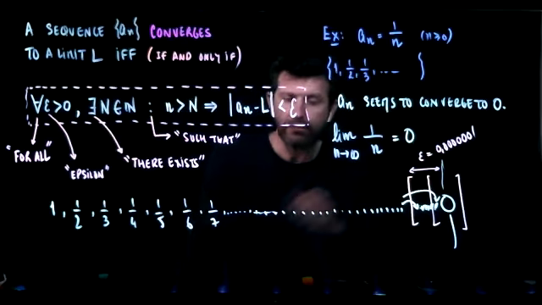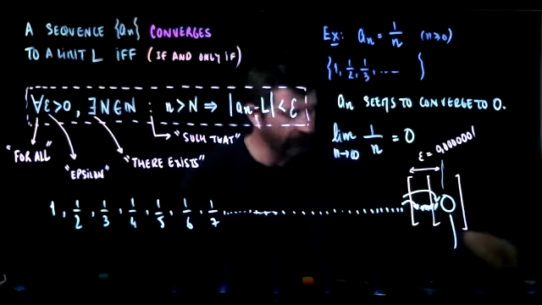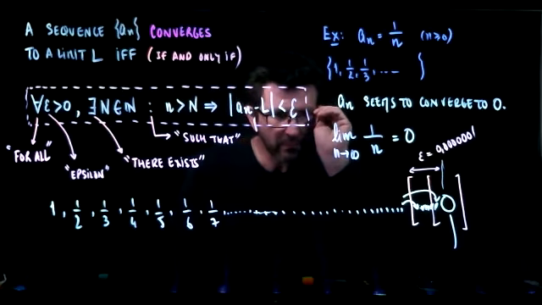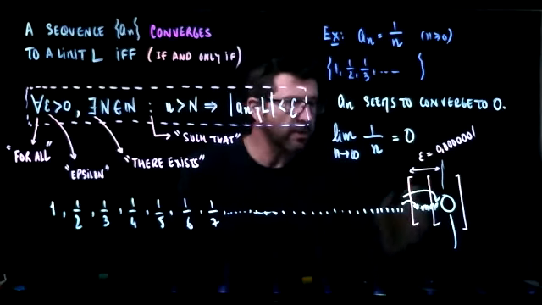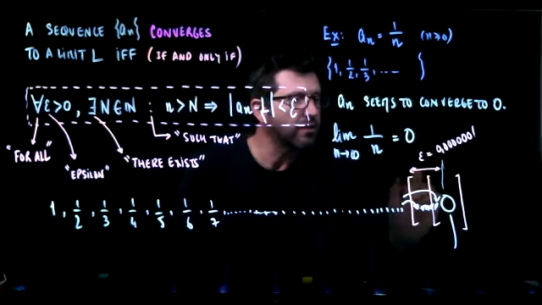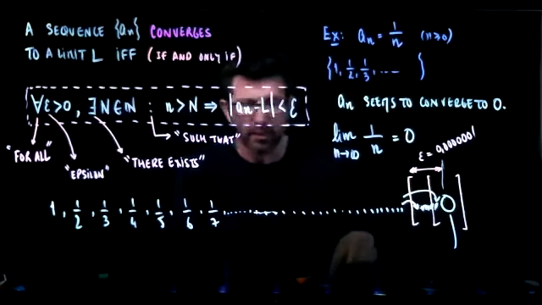Sir, the orange vertical lines you drew here, would that represent the big N? The orange lines here? No, this tells me the distance from the limit, how close I want to be. The n is the nth term.